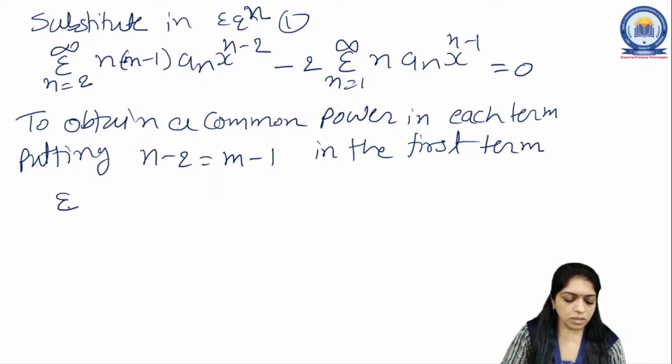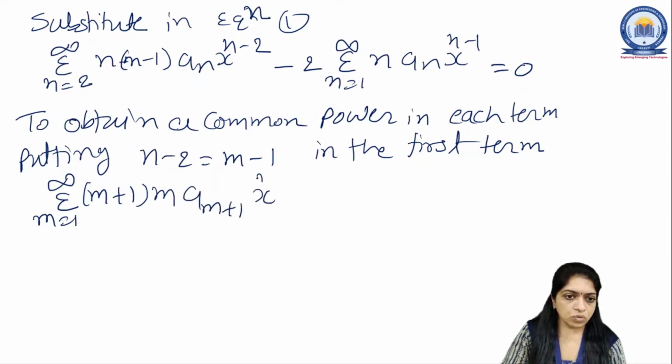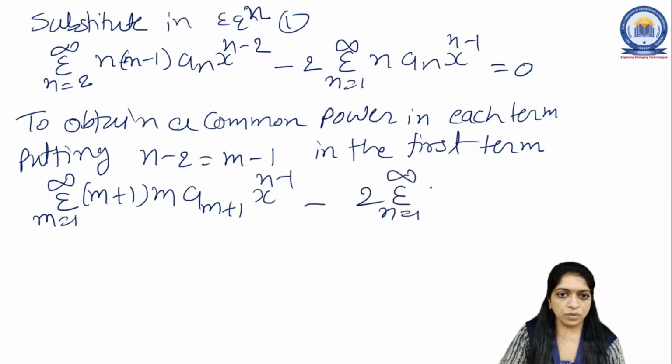So summation m equal to 1 to infinity, here m plus 1 into m a m plus 1 x to the power m minus 1 minus 2 times summation n 1 to infinity n a n x to the power n minus 1 equal to 0.